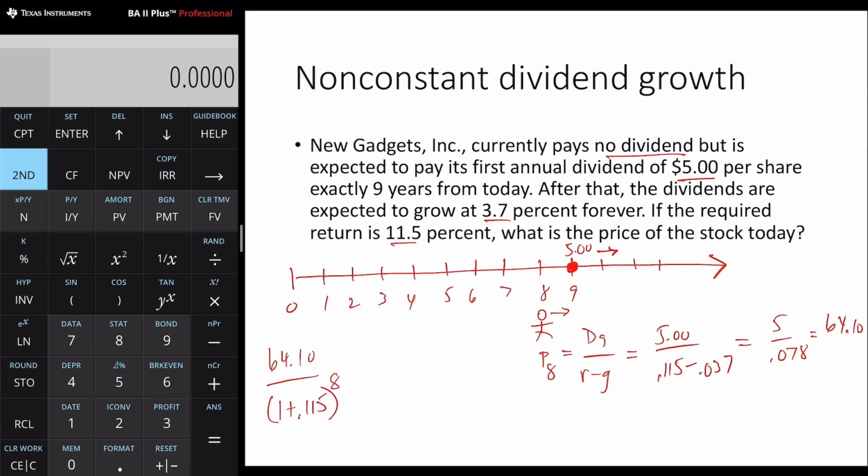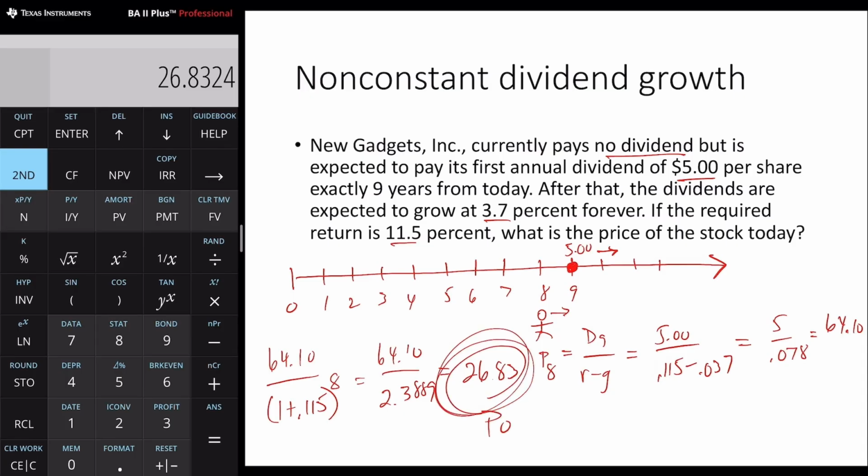All right, so we have 1.115 to the power of 8. So it's going to be 64.10 divided by 2.3889 or so. And that gives us $26.83. And this right here is our P0. That's the answer.